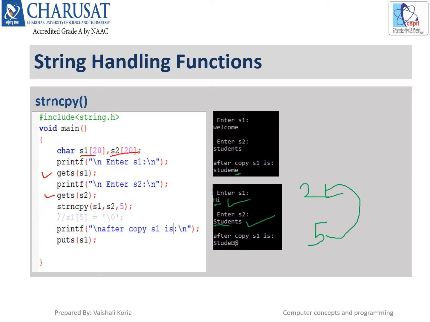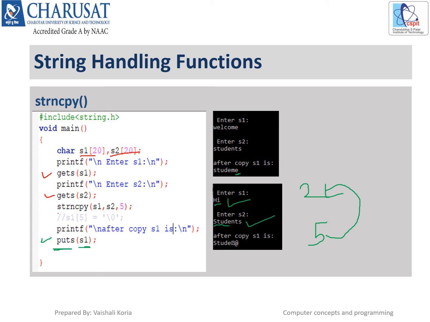Okay, so when you try to print the s1 value using the puts function, which is generally used to print the content of a character array which is a string, right? And it can be considered as a string when there is a null character at the end. But here you have copied five characters to s1, so obviously the null is also replaced. In that case s1 is merely a group of characters, not a string, because there is no null at the end.